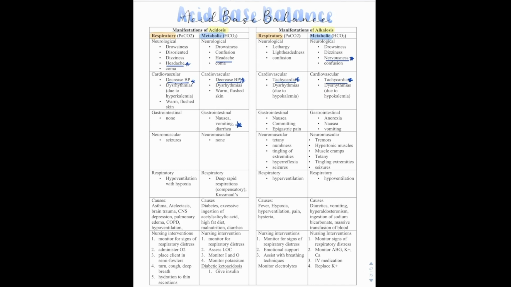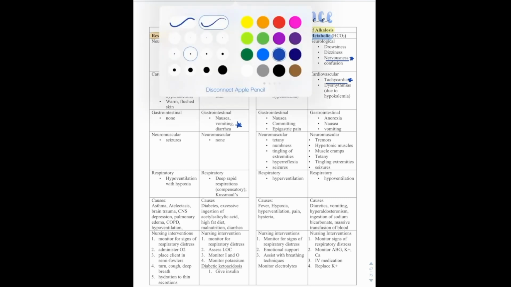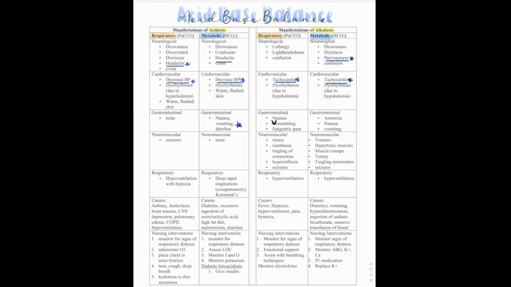When it comes to metabolic alkalosis, we're seeing anorexia, nausea, and vomiting. This is supposed to say vomiting. I will fix that in the study guide. A key thing is that with respiratory alkalosis, we see epigastric pain. So let's remember that, epigastric pain.